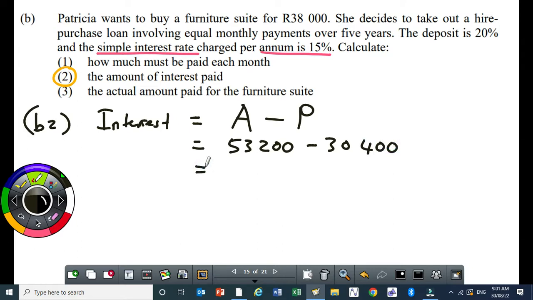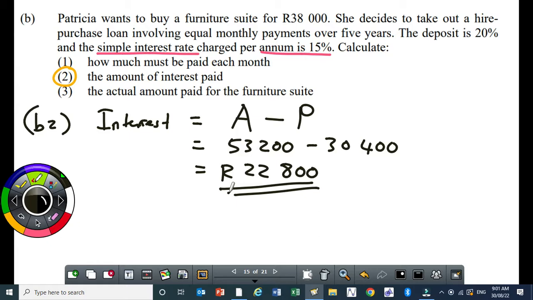How much is that? 22,800. So this is the interest that this person paid because of borrowing 30,400. So all this amount of money normally goes to the bank. That's how banks make lots of money.